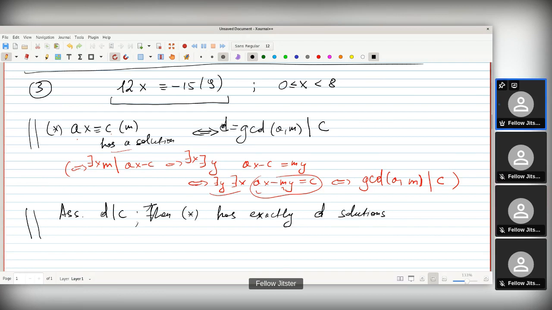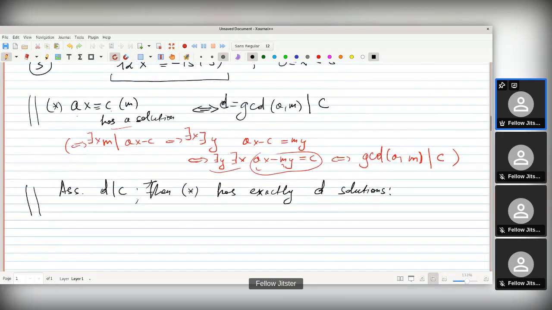Which ones? So just x0 the solution. Some x0. We shall explain later what it is. x0 plus d, x0 plus 2d, all the way to the... No, not plus D, but plus M prime.